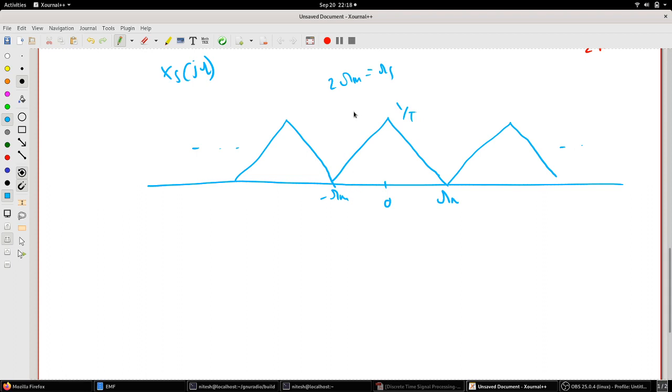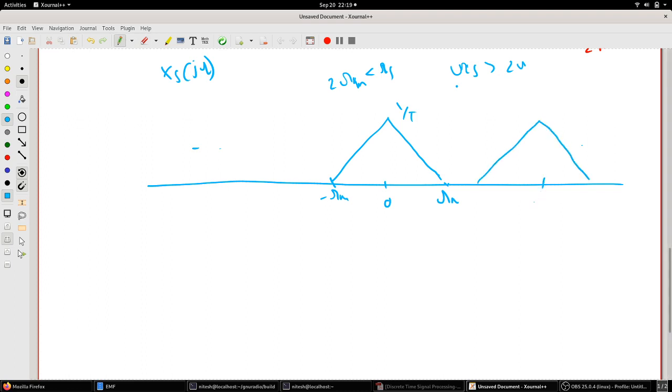If ωs is greater than twice ωm, what will happen, in case of this particular representation, is for ωs equal to twice ωm. If I make my frequency such that twice ωm is less than ωs, then my spectrum will look something like this, where there will be some guard band available for me to look at.